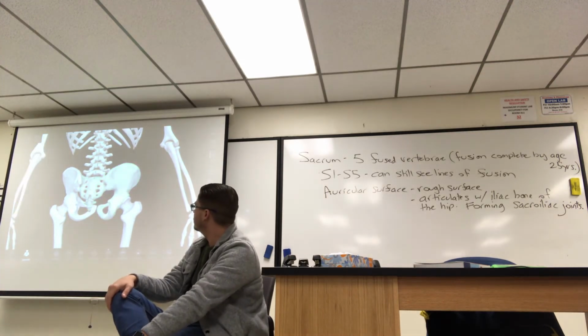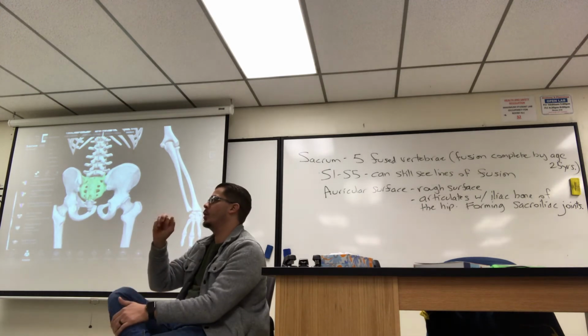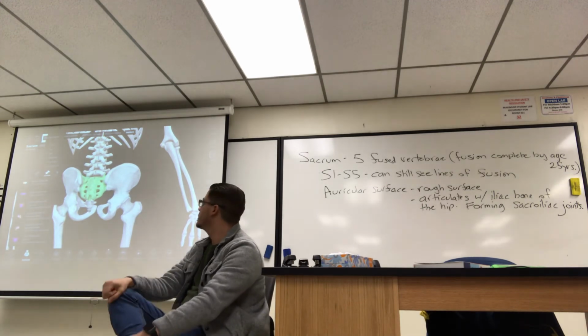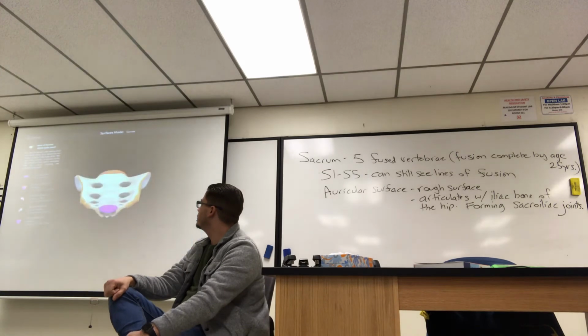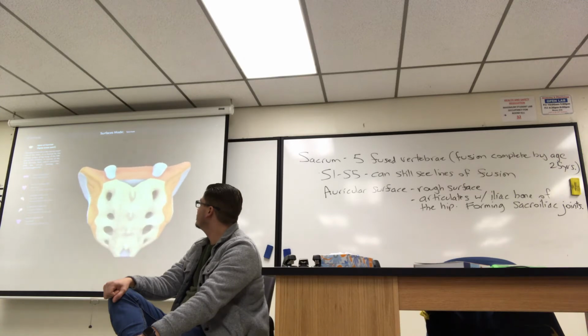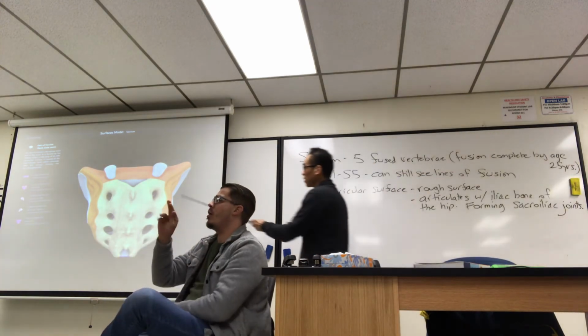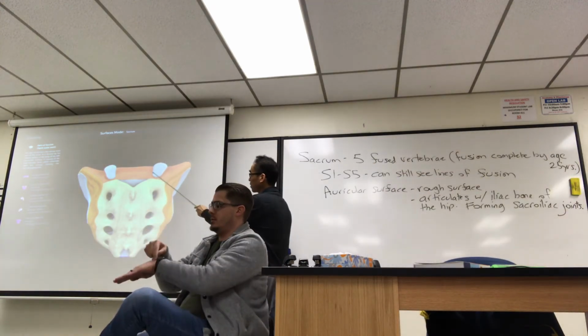All right, let's see. Superior articular processes. I'm just going to point to them, because I taught you this surface feature before. The superior articular processes are these parts sticking up here.